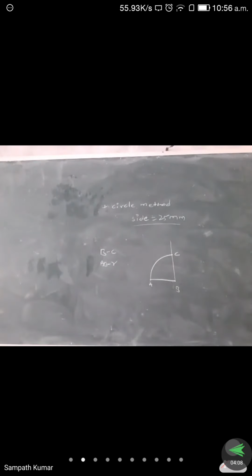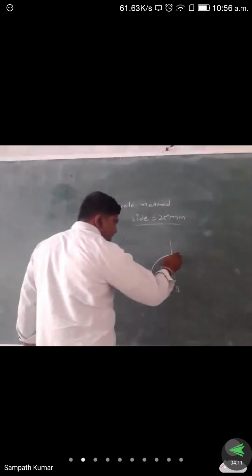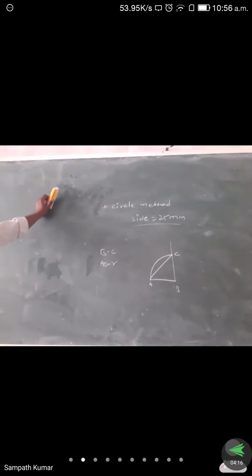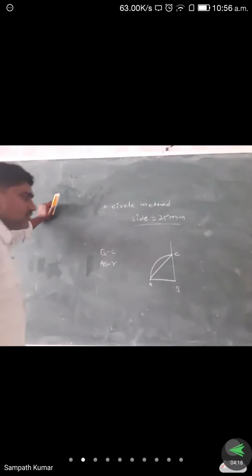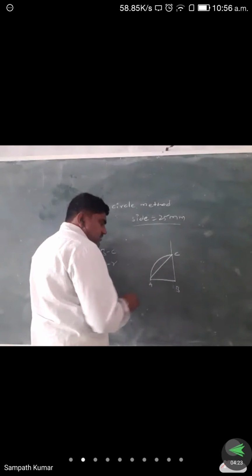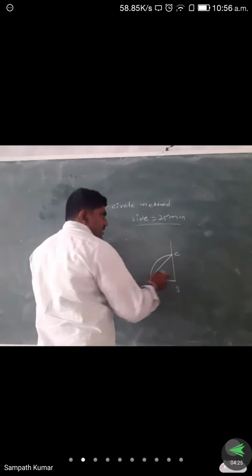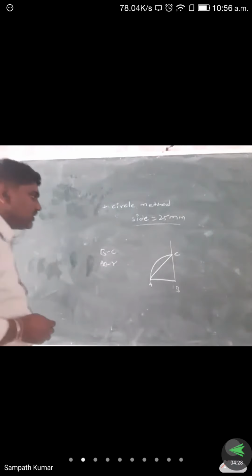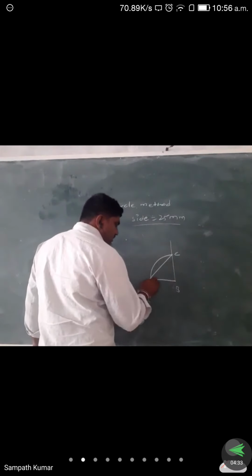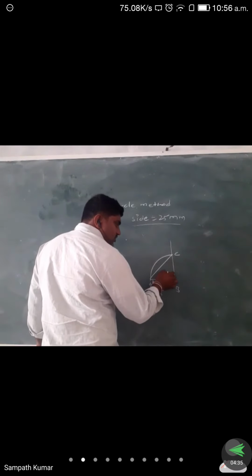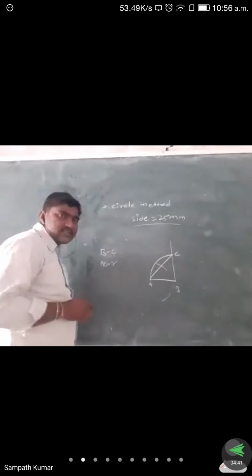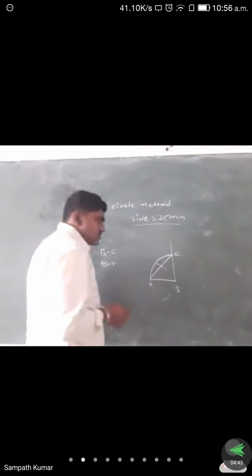Then C is joined with A. Next we have to go for the perpendicular bisector of AB, the midpoint line. Take A as a center with more than half the radius, draw two arcs on both sides.